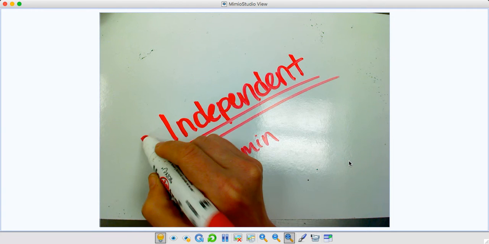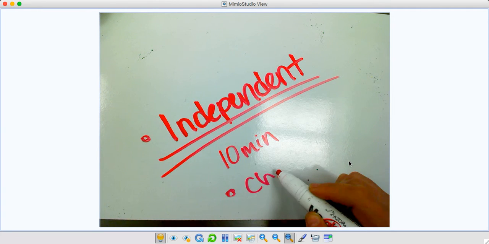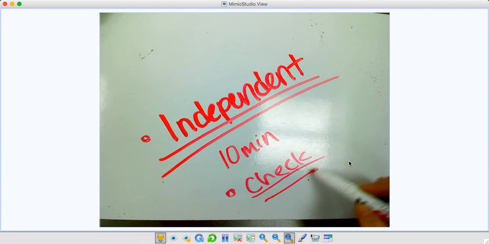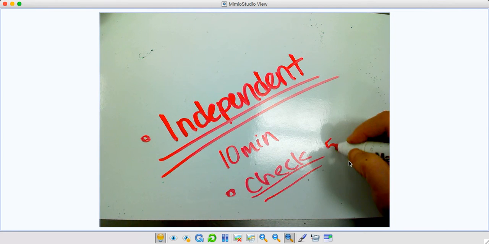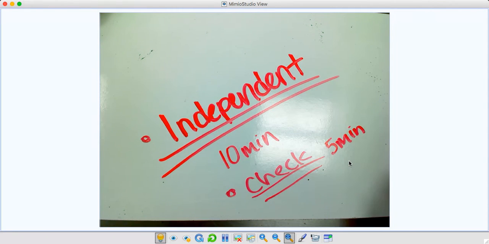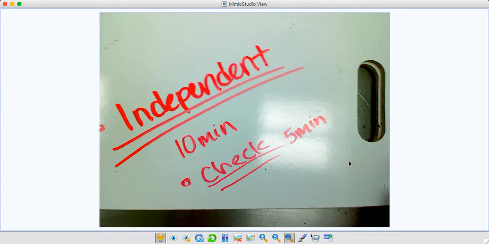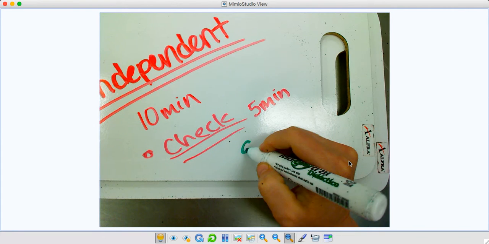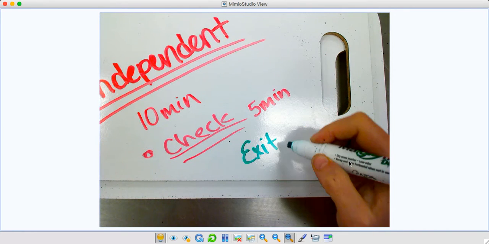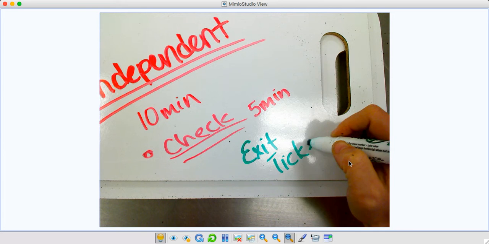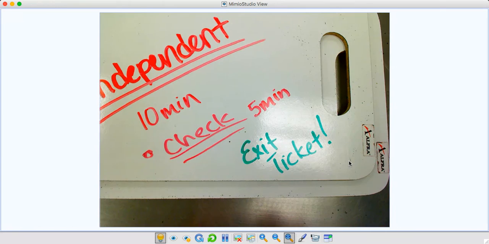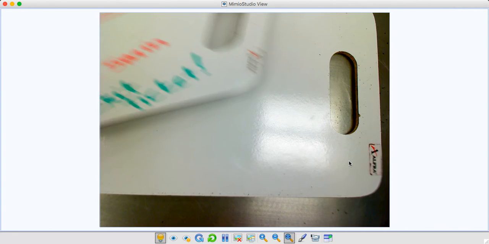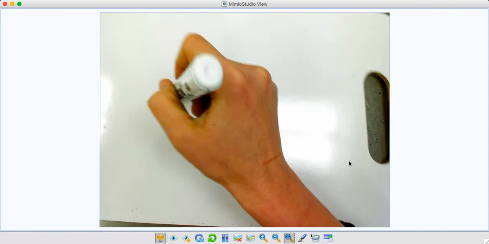After the independent time, you're going to check each other for 5 minutes. Oh yeah, 5 minutes. And then you're going to, what do you think? Yep, you're going to take your exit ticket. All right, get to work.